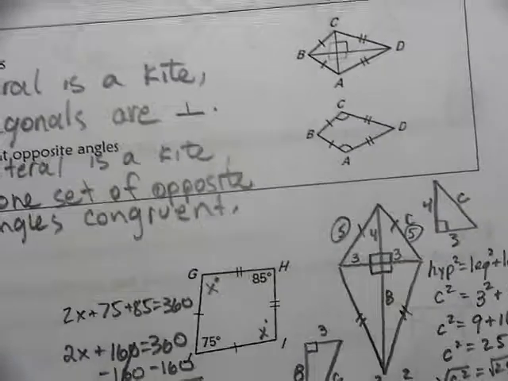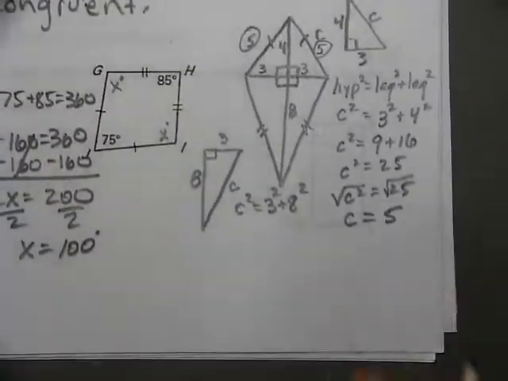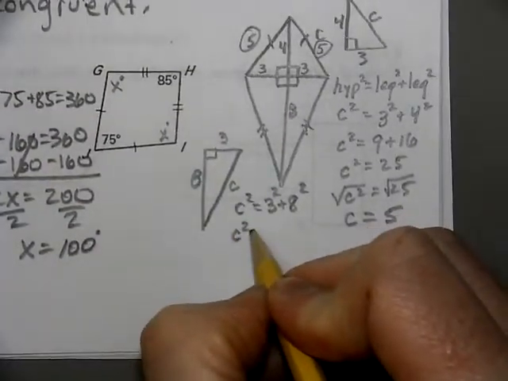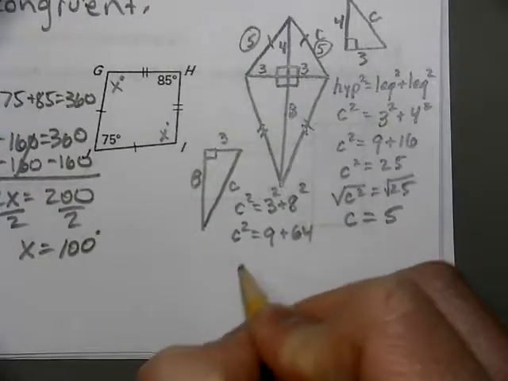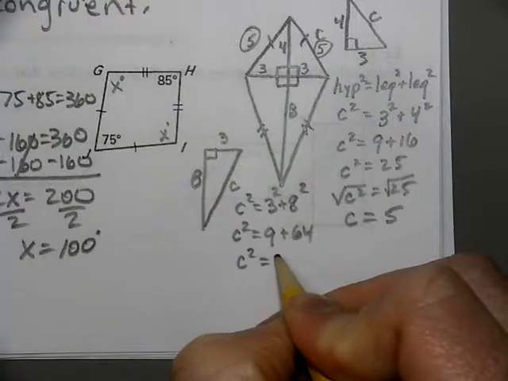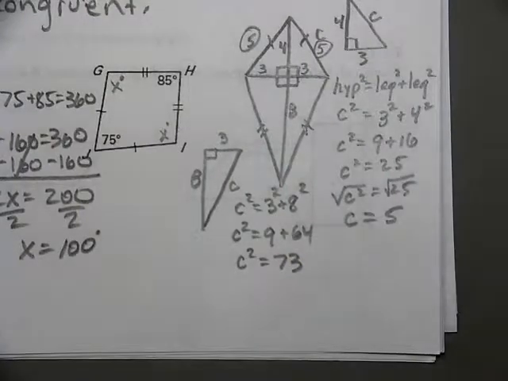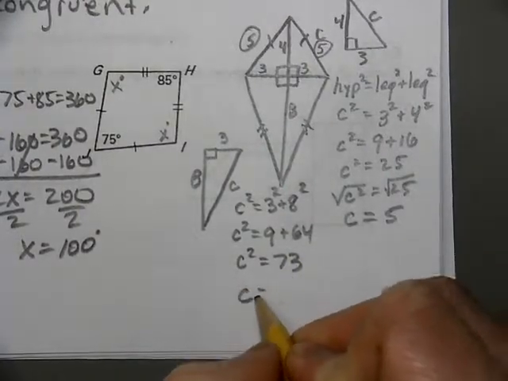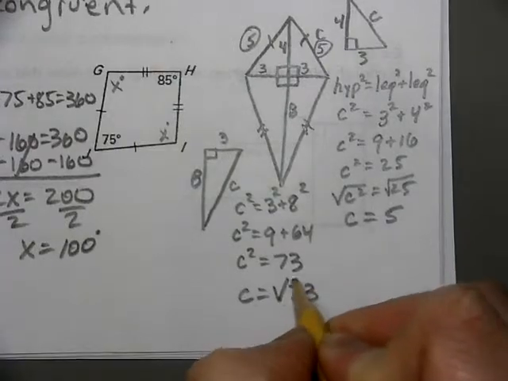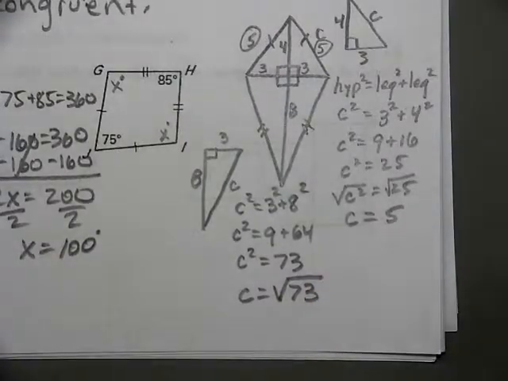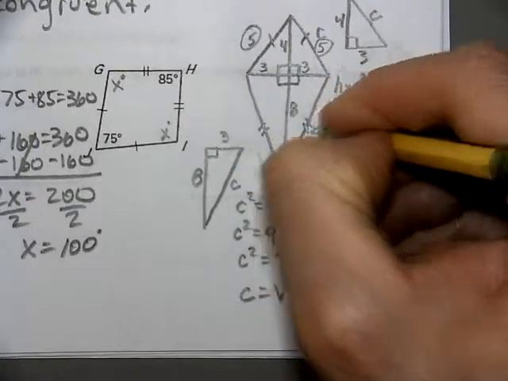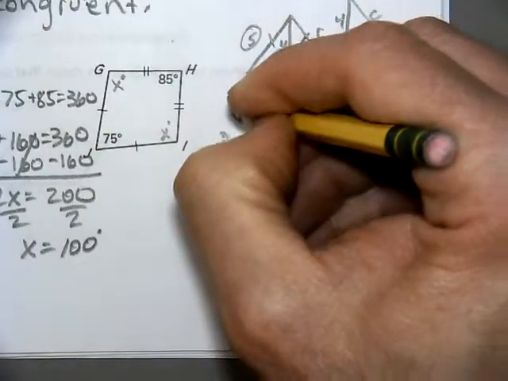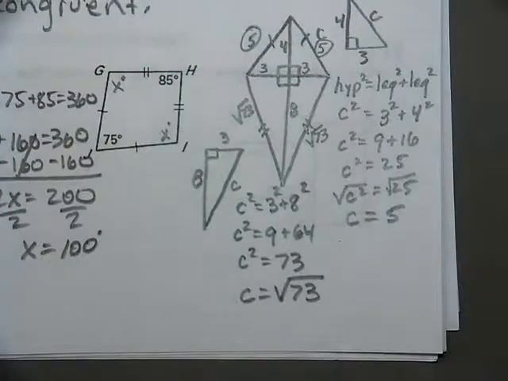So C squared equals 9 plus 64. C squared equals 73. So we take the square root of both sides and we get the square root of 73. So in this case, this is the square root of 73, and so would that.